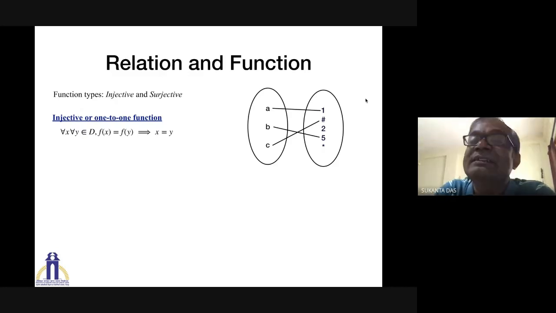But here you can see for A, B, C, I can get unique elements in the codomain, say 1, 5, and hash. So this is an example of an injective function, or one-to-one. You understand the meaning of one-to-one here.